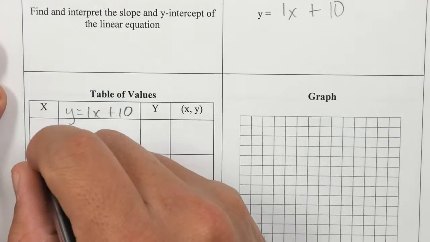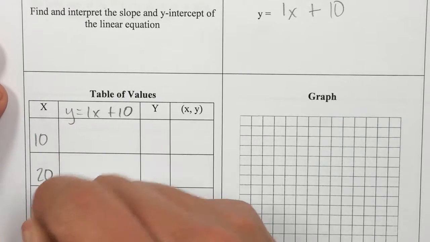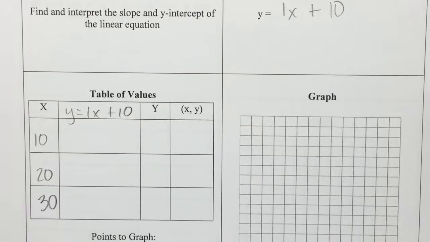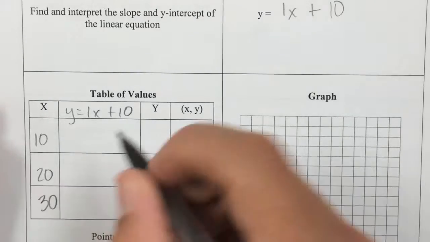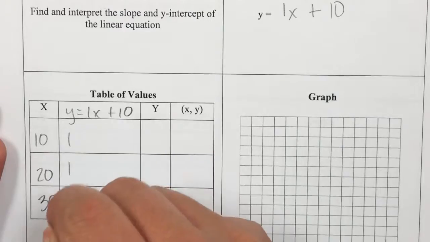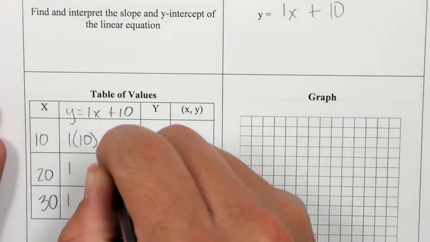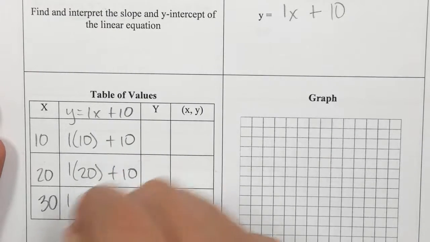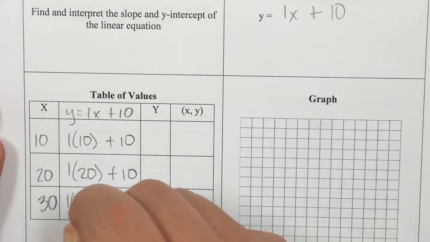So I'm going to choose 10, 20, 30, just to make it more realistic, because if you need a tow, you're probably going to need it towed a decent distance. Now we're going to substitute in: 1 times 10 plus 10, 1 times 20 plus 10, and 1 times 30 plus 10.